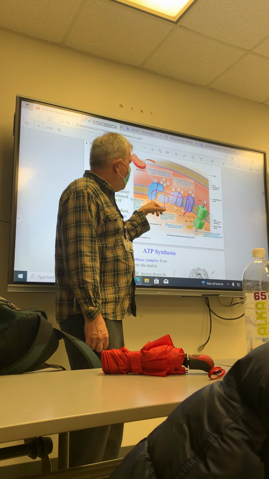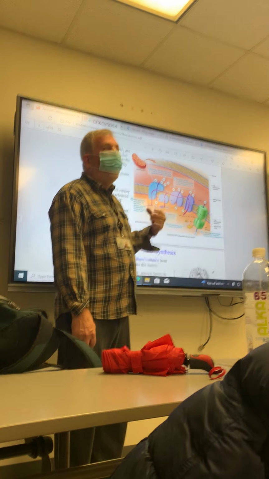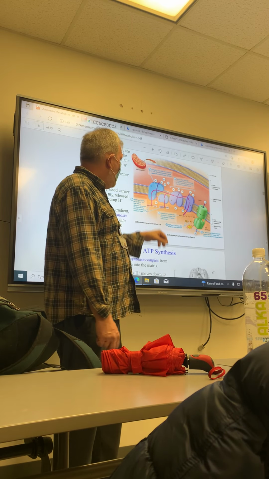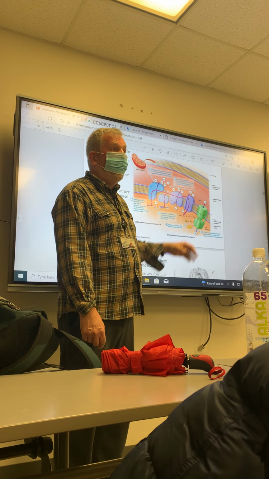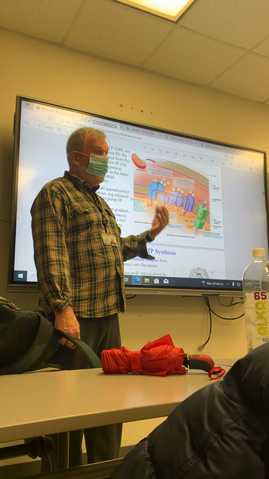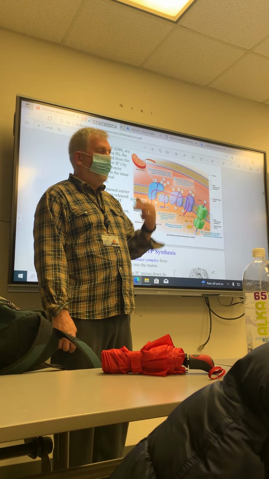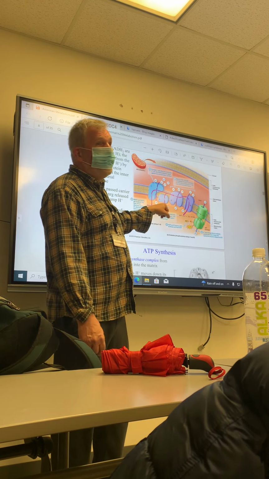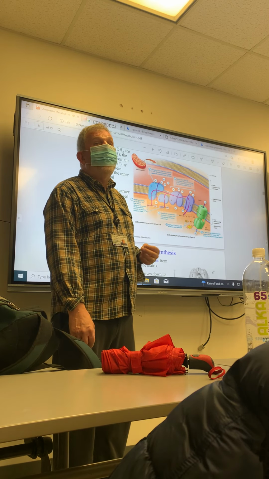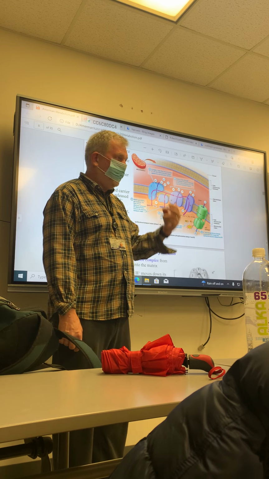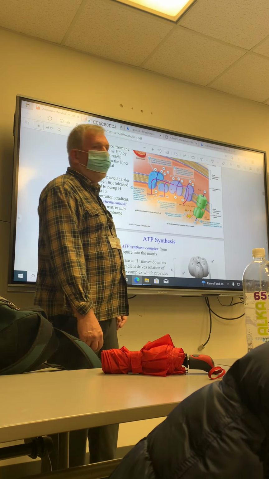NADH had enough energy to go to 3 of these proteins, each one pumping a hydrogen. So NADH pumped 3 hydrogens across the membrane, so the exchange value for NADH is worth how many ATPs? 3. FADH, the second rate carrier, only pumps how many? 2, which means it's only good for 2 ATP. And that's all they're trying to show here.